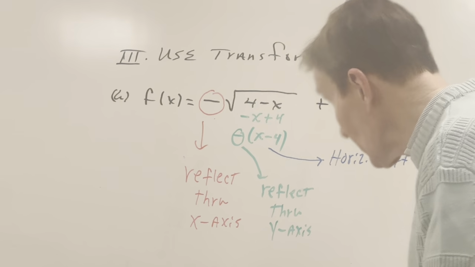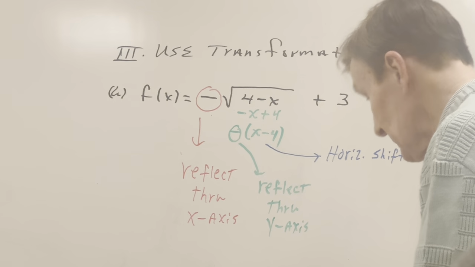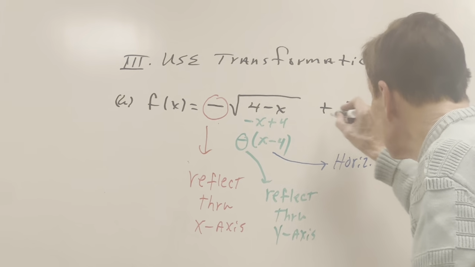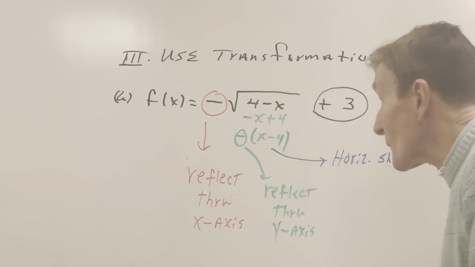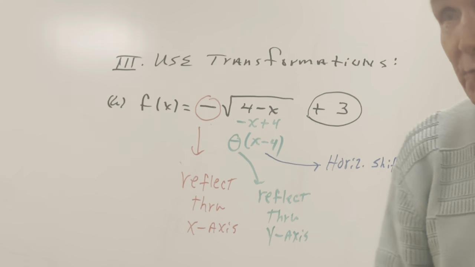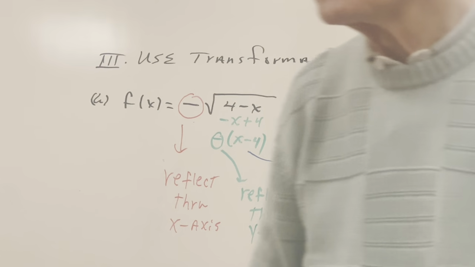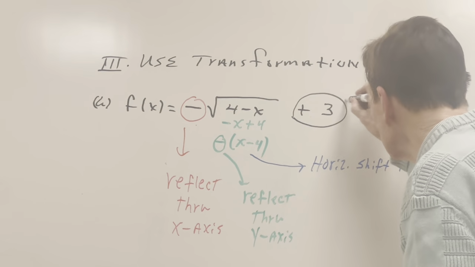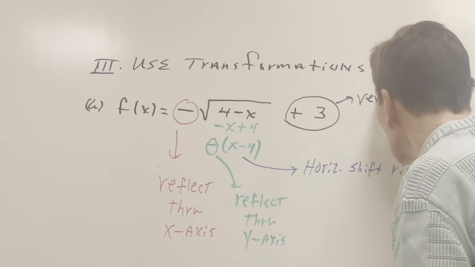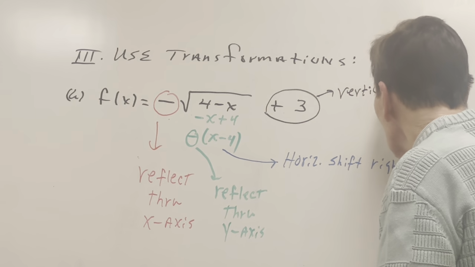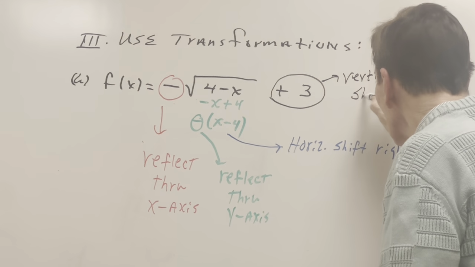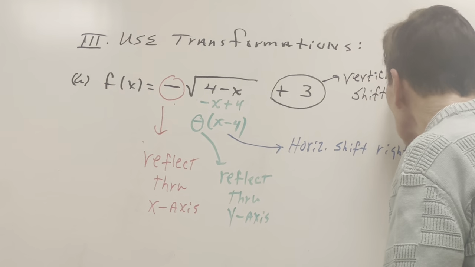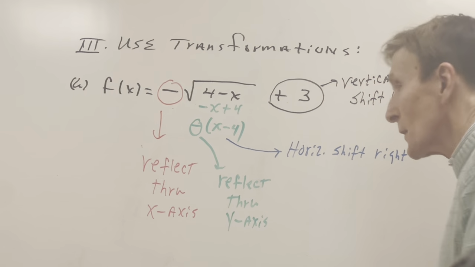Let me go back to the black. What's that tell me there, to finally finish the graph up by doing what? Vertical shift up 3. We discussed all these. Up 3 units.